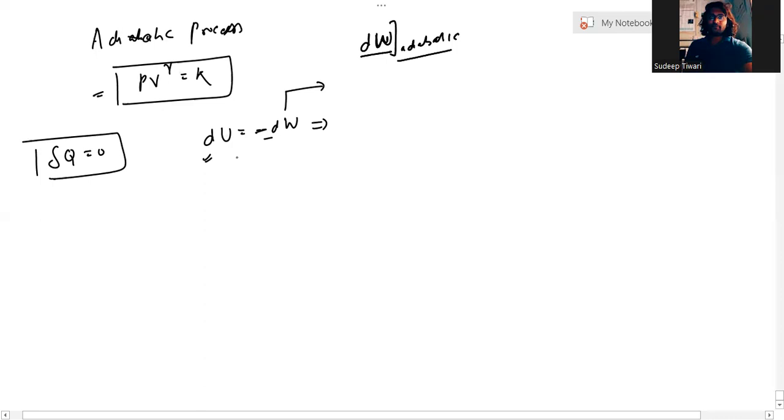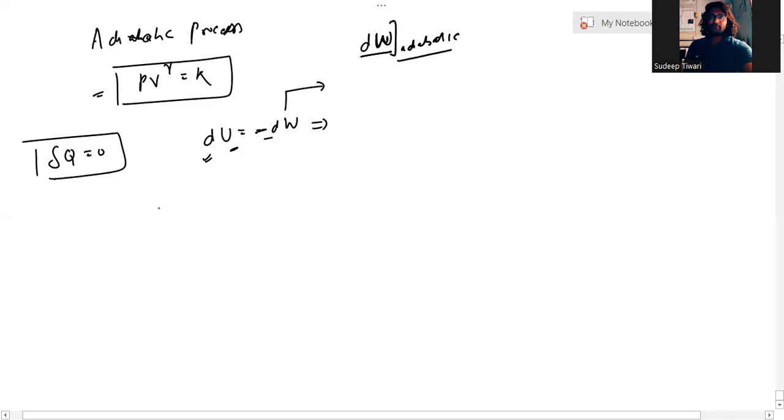And since U is a function of T, a fall in internal energy implies a decrease in the temperature. And when we are talking of adiabatic compression, work is done on the system, so the temperature increases.